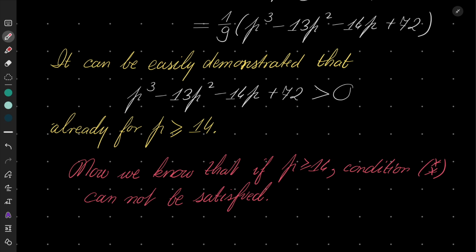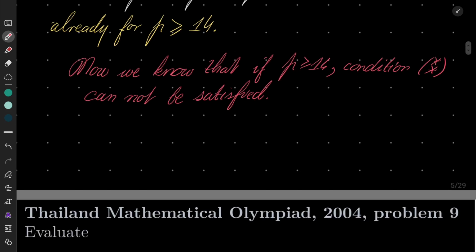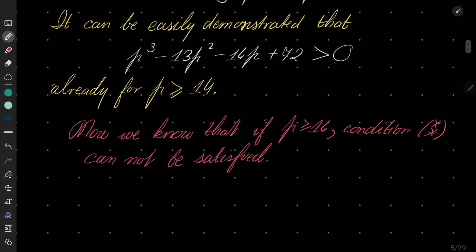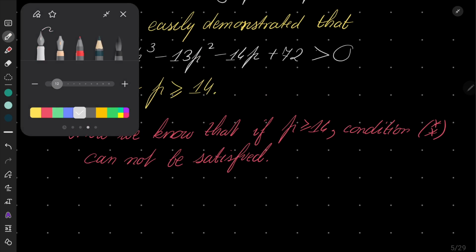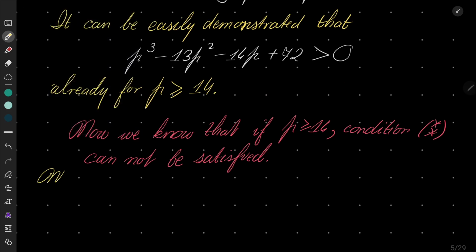We have checked 2, 3, and 5 at the beginning of our reasoning. And now we need to check p which are 7, 11, and 13.